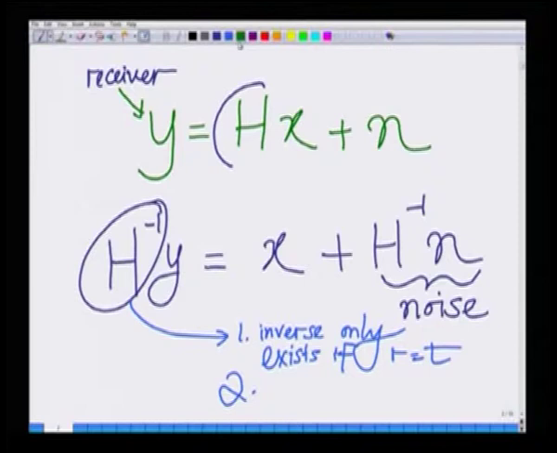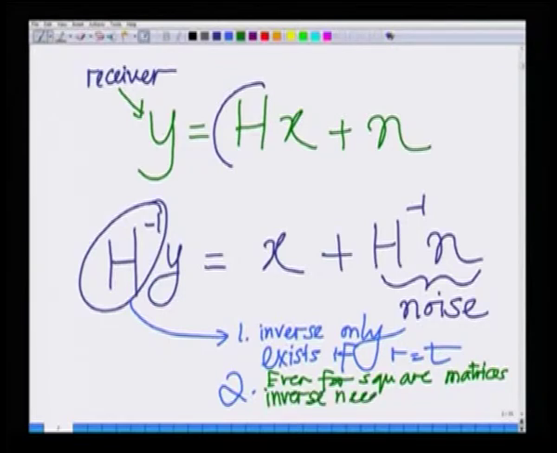So, there are two reasons why we cannot do a direct inverse.